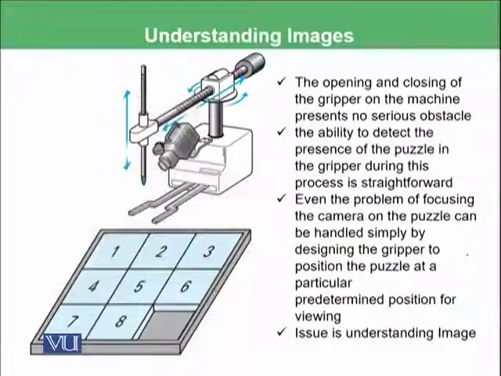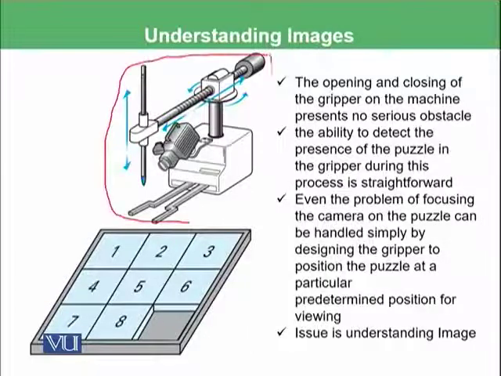So we are going back to the same puzzle example, where we have made an intelligent agent, this machine, and that machine is going to play this puzzle game with us. You can see that the opening and closing of the gripper on the machine presents no serious obstacle.